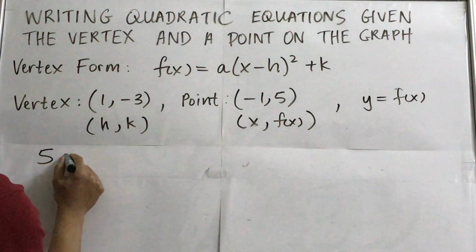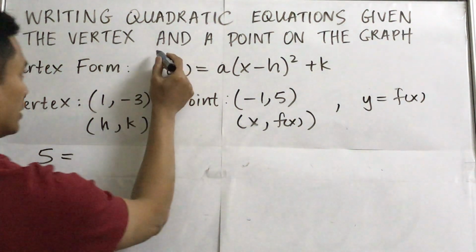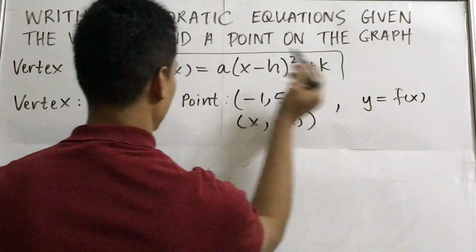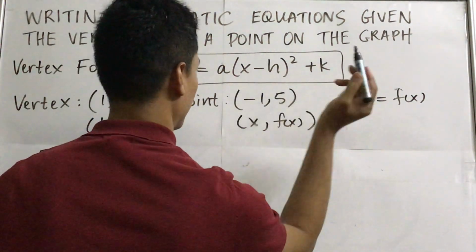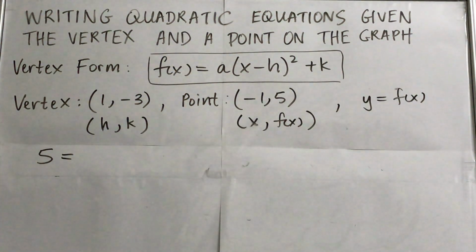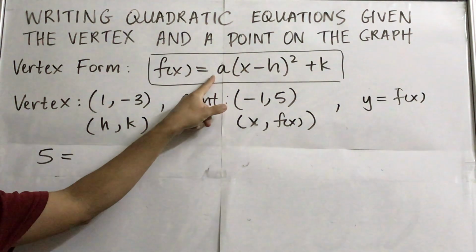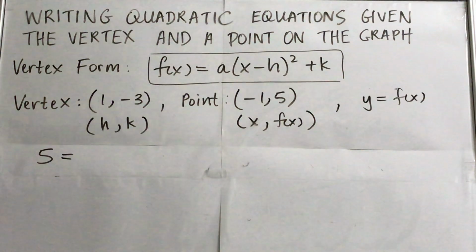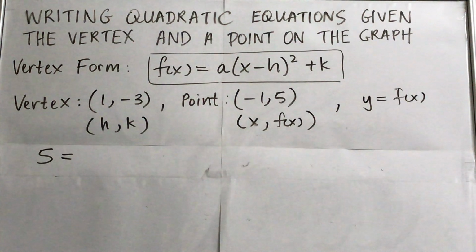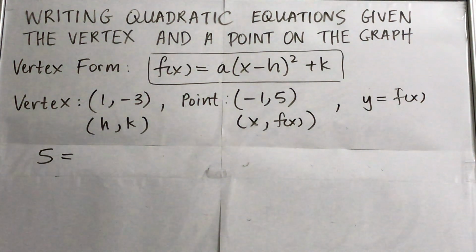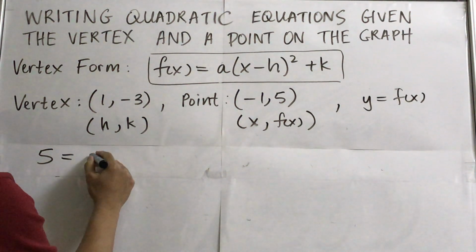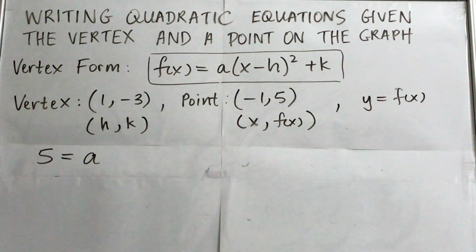Okay, let's begin to substitute. Now again, I'm going back to this equation here because this is what I'm using. What is your a? There's another constant here that we need to find. The whole point of this exercise is looking for a. We need to solve for a.